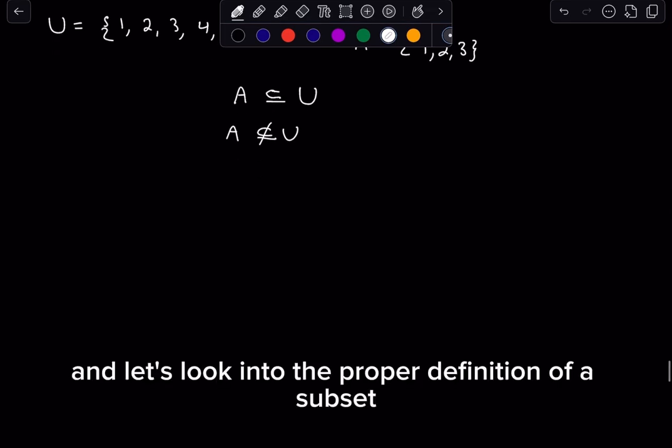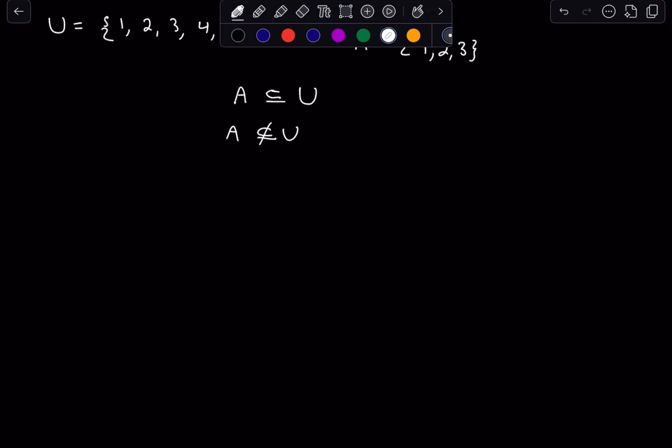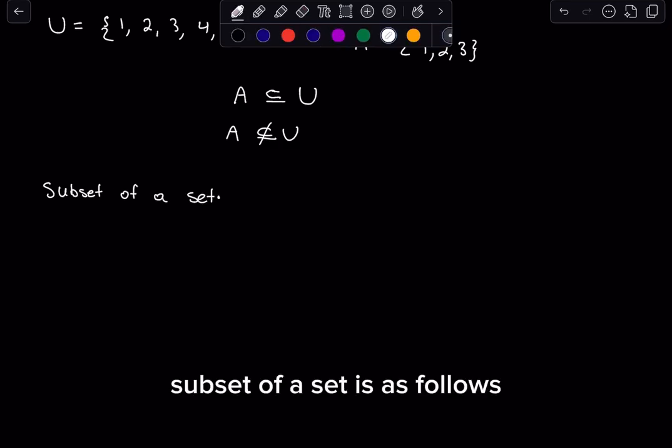And let's look into the proper definition of a subset. A subset of a set is as follows.